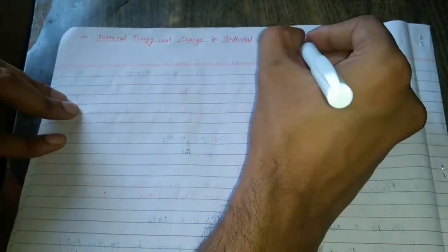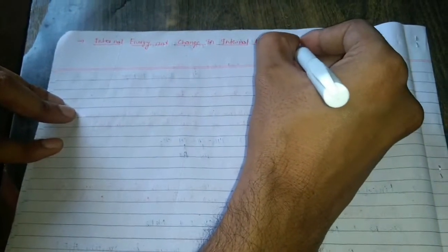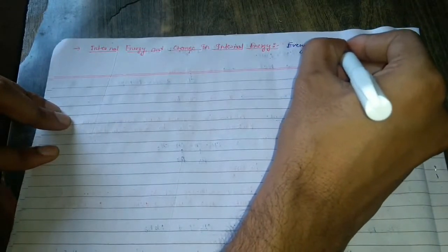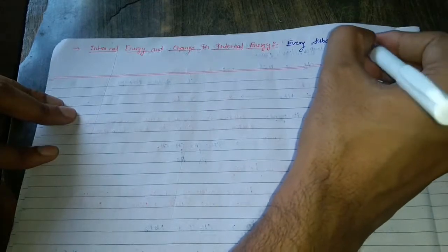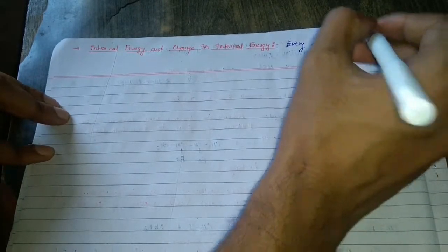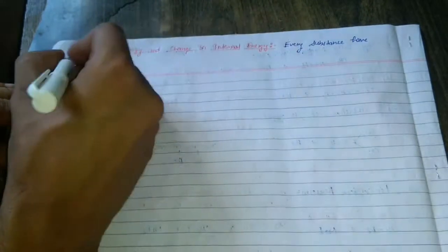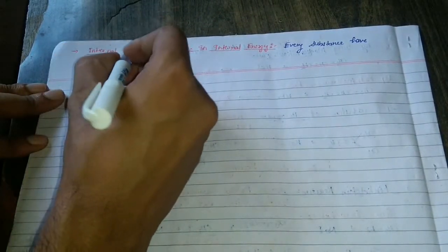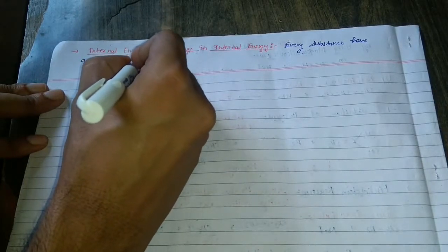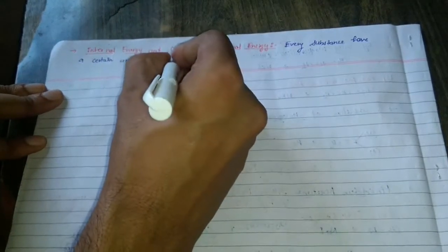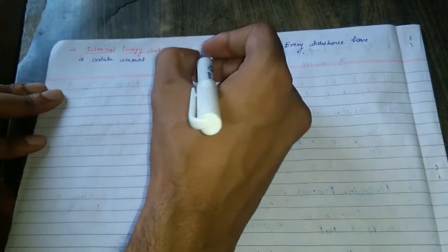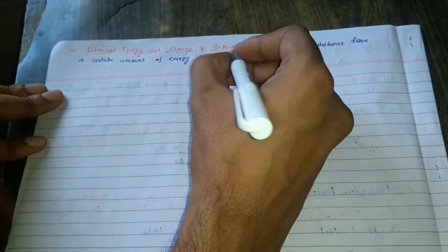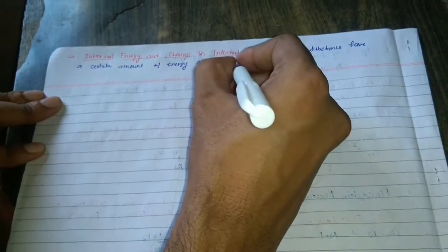So every substance has a certain amount of energy, which is called internal energy.